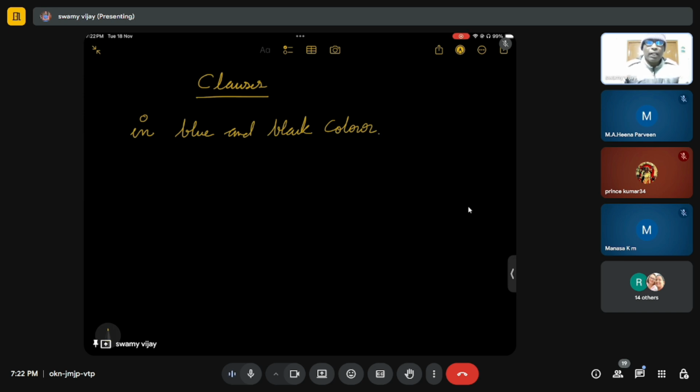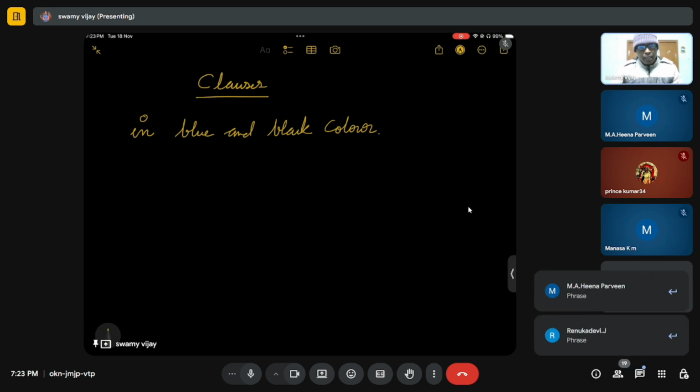In blue and black color, what is it? Is it a sentence? Is it a clause? Is it a phrase? Or is it any other thing? Right, it is a phrase. What is a phrase?